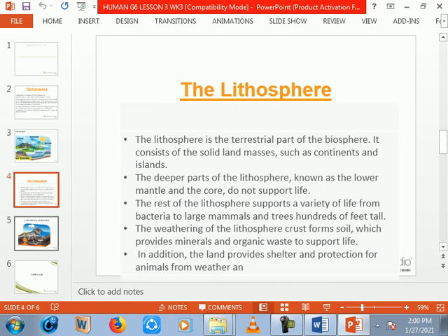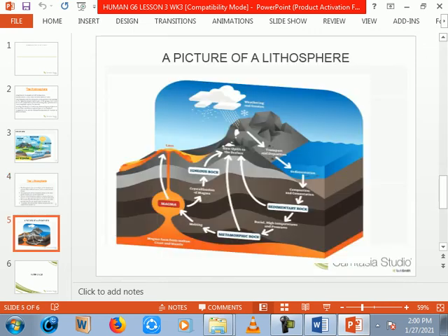Okay, now let us look at the picture of the lithosphere. When we are back in our physical classes, I shall explain much more on this, because some words here are very small and others may have problems reading these words and how this process is going on.